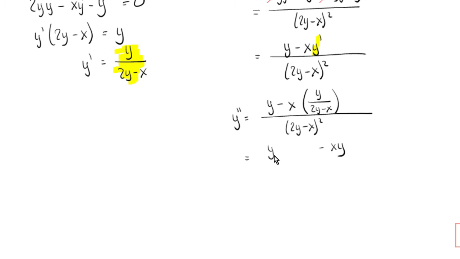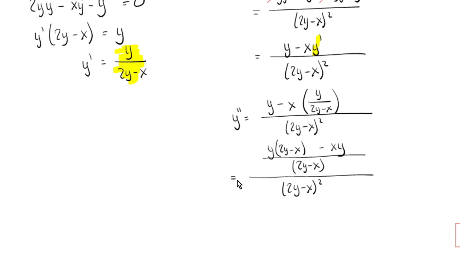The common denominator here is going to be 2y minus x. In the numerator, if I multiply the x into this quotient, I get negative xy. But then this y has to be multiplied by 2y minus x, since we have a common denominator. And so that's just the numerator, and then that's divided by 2y minus x squared. This equal sign should not be there. It should be here.